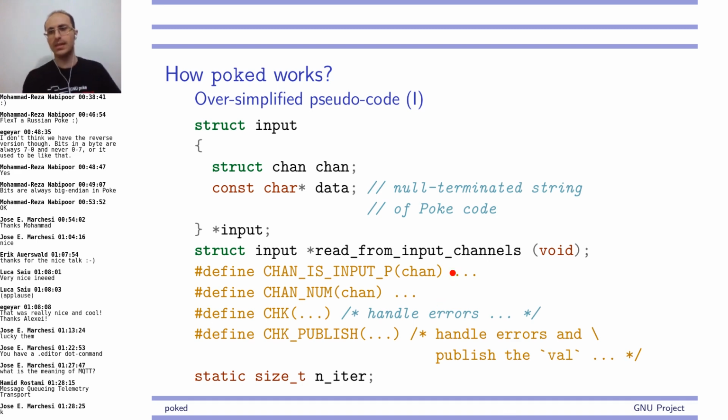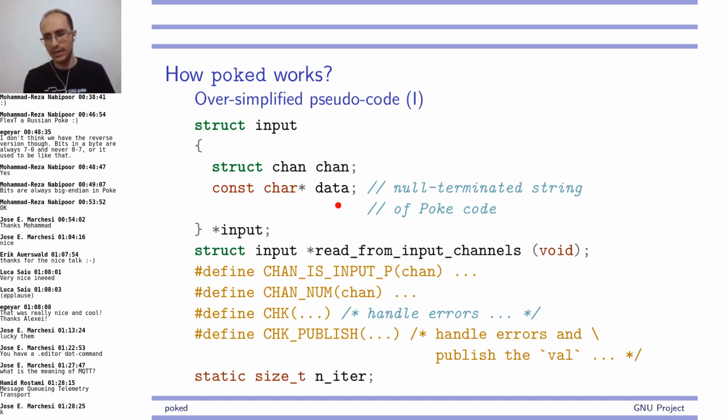Here we have read from input channels, which collects messages from all clients on a different thread, and gives us input, some structure called channel. Actually, in my current implementation it's a uint8, and I think it will remain so for a long time. But for demonstration purposes, just to make things opaque, I called it chat.